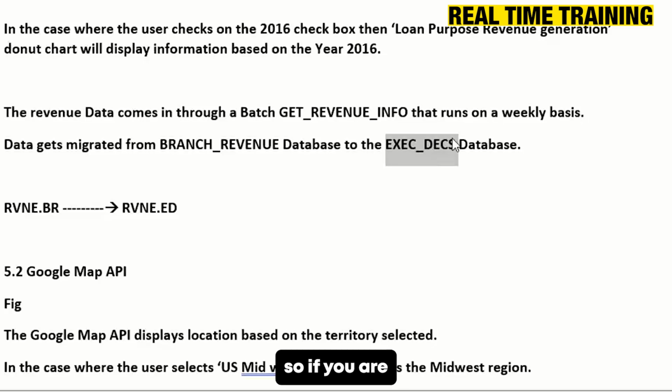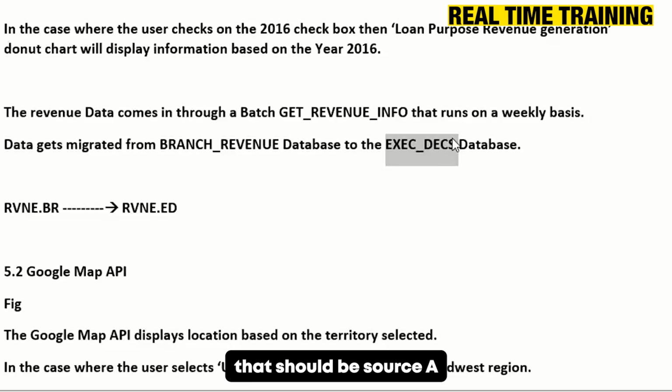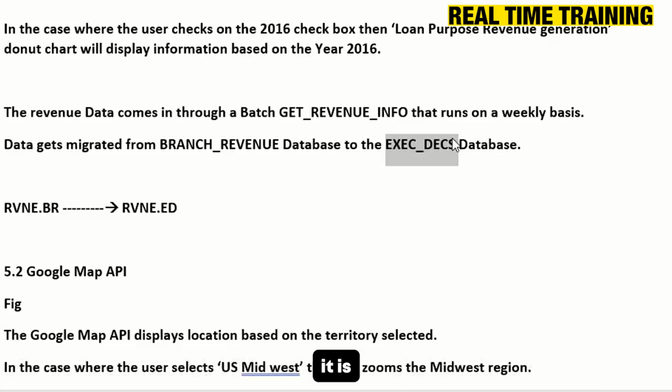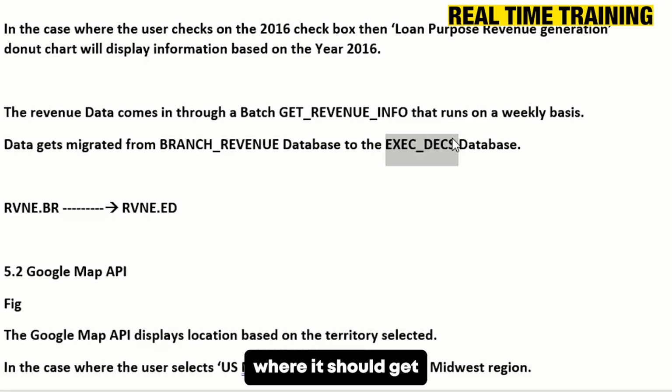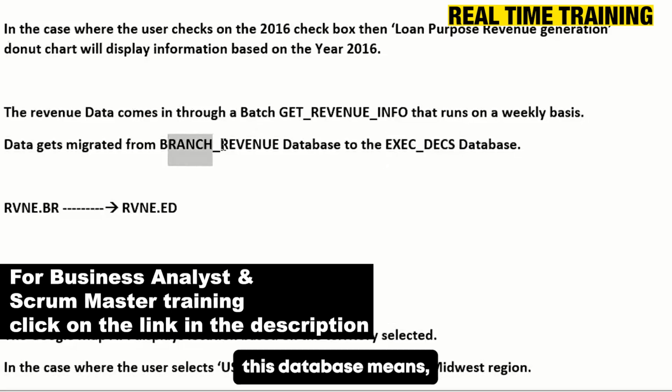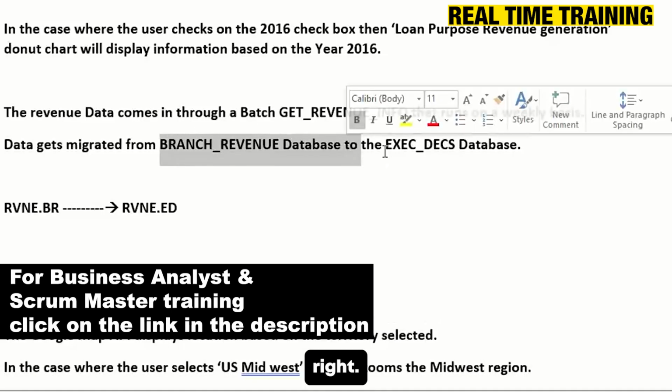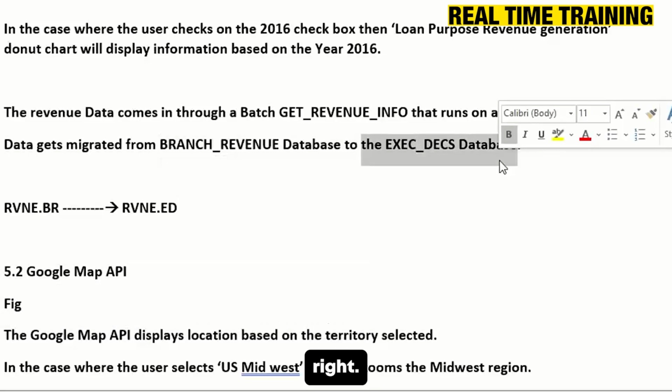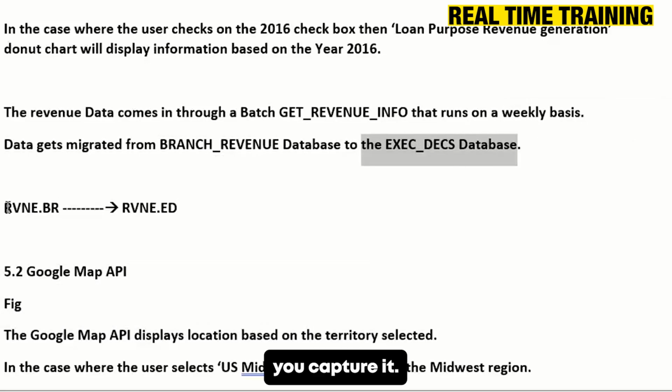If you are transferring data, there should be source A from which it is getting transferred, and source B where it should get transferred to. That is what these database names are. And this is how you capture it.